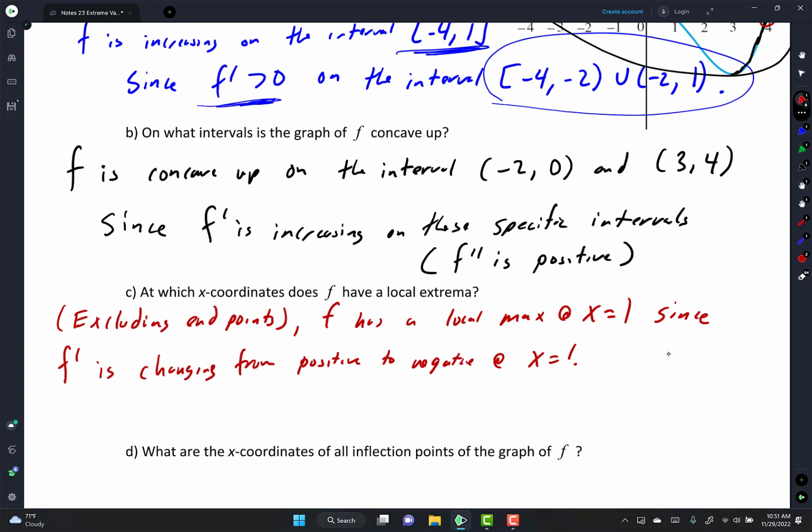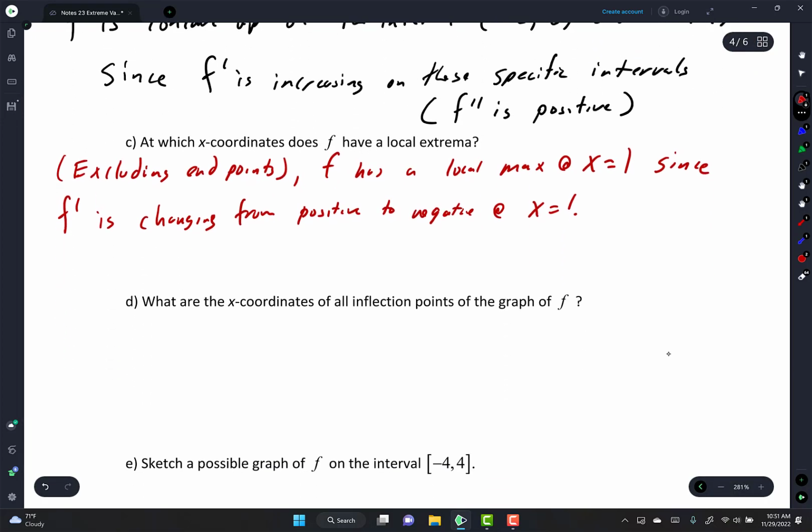Like, what is changing positive to negative? Are you talking about f? f prime? f prime prime? You have to be specific to get the point. When you become a doctor, an engineer, an accountant, be specific. F has a local max at x equals 1 since f prime is changing from positive to negative. When you become a lawyer, you're going to be super specific with words.